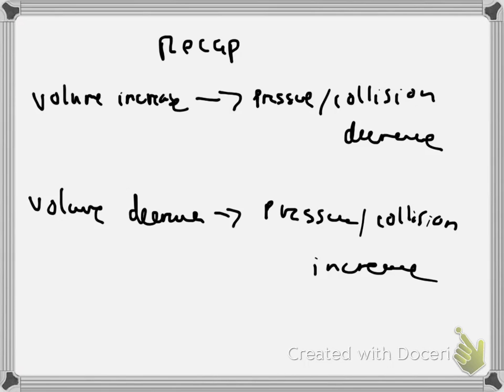An example when the volume was increasing was when the balloon was getting bigger, because the pressure inside of it had to decrease to get to the same pressure as outside. As a result of the balloon increasing in volume, the pressure decreased inside of it, and there were fewer collisions because there was more room for the molecules to move around.